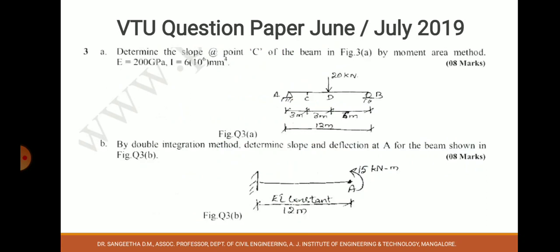These are some of the university question papers which have discussed the conjugate beam method and moment area method. In the moment area method, you have a question like this: simply supported beam subjected to point load, and this problem we have solved.